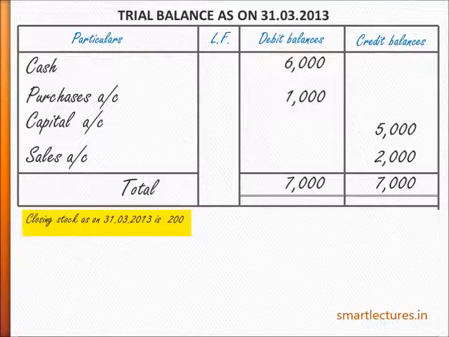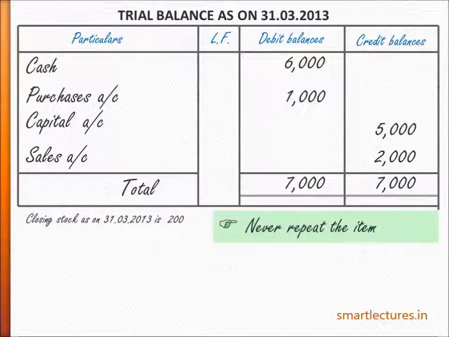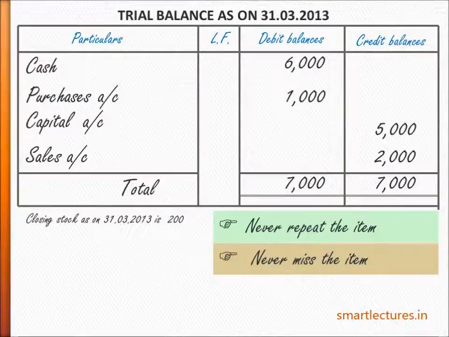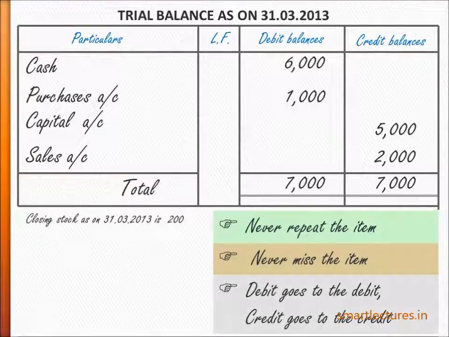Before I start final accounts, again, I would like to remind the rule. The golden rule is never repeat the item, never miss the item, and debit will go to the debit and credit will go to the credit. The first principle is never repeat the item, means the item of trial balance can go only once.